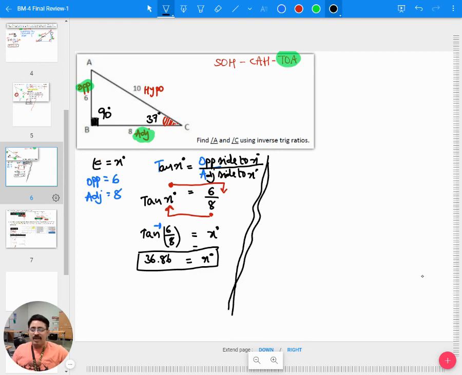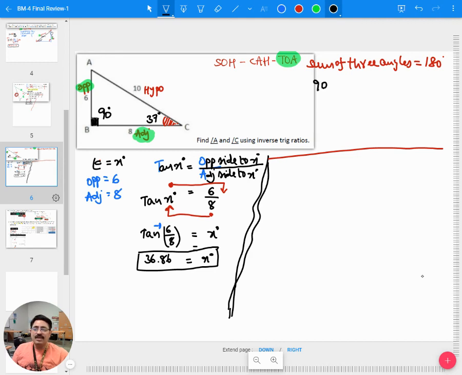to find the value of A using trigonometry. As I mentioned before, you can find it in two ways. That is, sum of three angles. Sum of three angles of a triangle equals 180 degrees. And next, I know one is 90 degrees. The other one is rounded to 37.